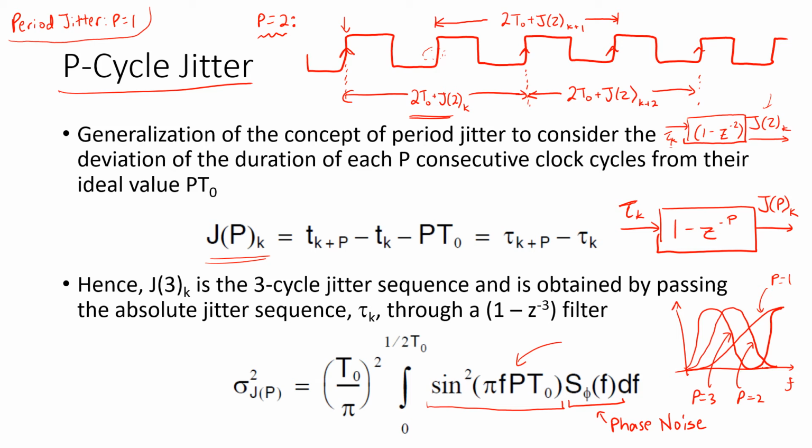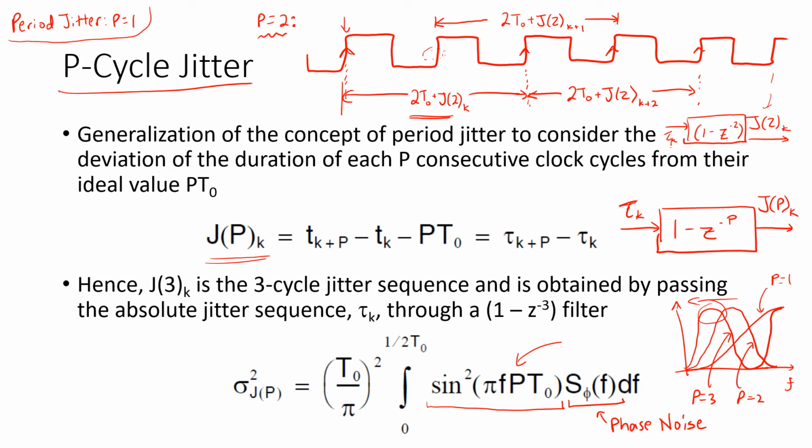The trend is that as P increases, we start capturing more and more low frequency content of the absolute jitter, or of the phase noise, in the P-cycle jitter measurement. This makes sense because as you increase P, you're looking at rising edges that are further and further apart. So for example, consider an extreme case where P equals 1,000.